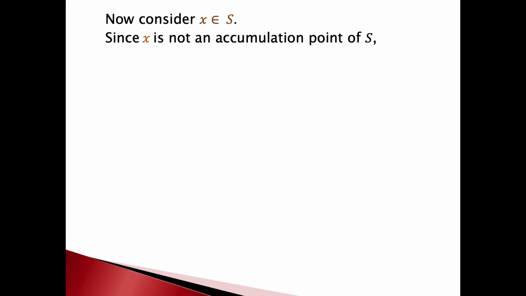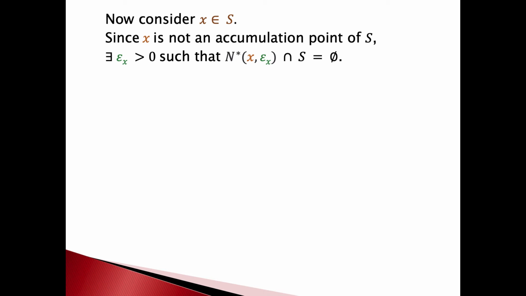So what does that mean? Well, that means that if I took a deleted neighborhood around x, it won't intersect S for at least some value of epsilon. Right? Because remember, what does it mean to be an accumulation point? It means that for every epsilon, the deleted neighborhood around x of radius epsilon does contain a point in S. So the negation of that would be, I've changed for every epsilon to there exists when I take the negation.